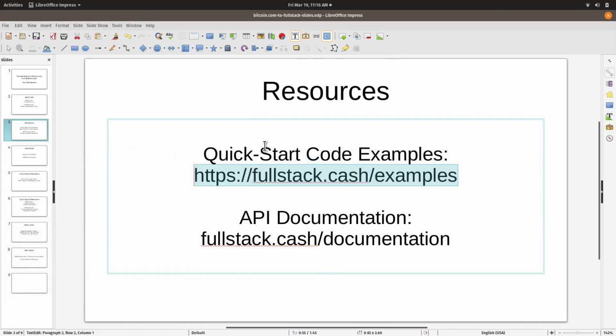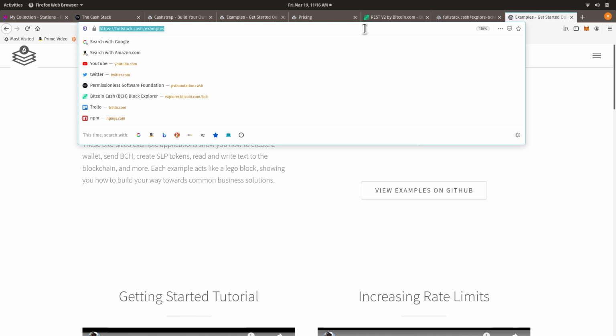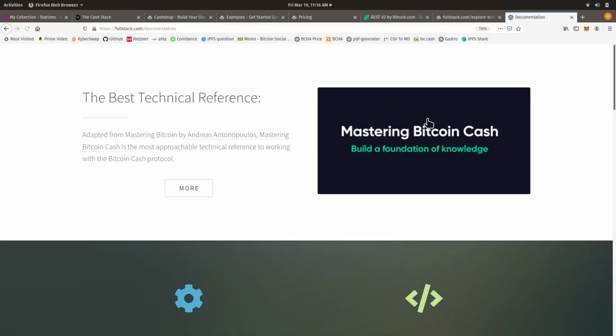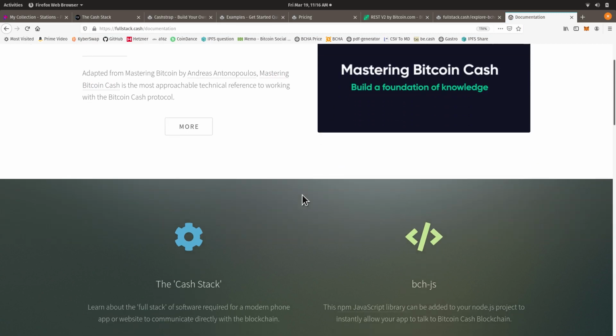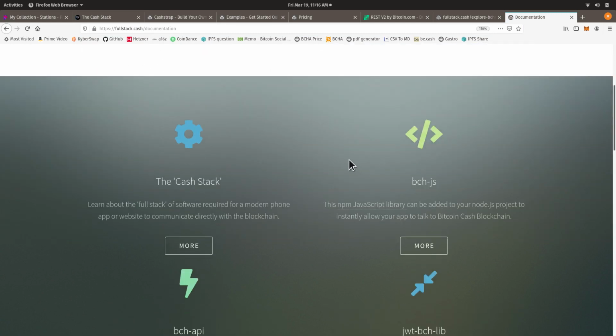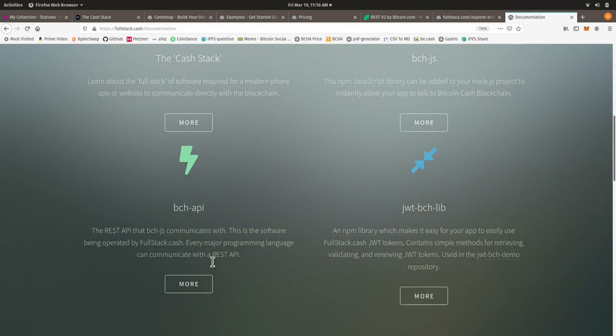And then also the API documentation is at fullstack.cash/documentation. And there's this technical reference for mastering Bitcoin Cash, and that's a great reference. We have the API reference for BCH API, our REST API.